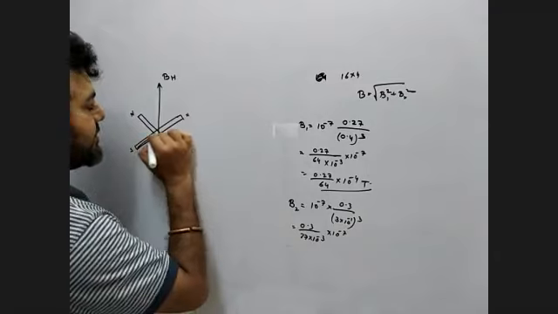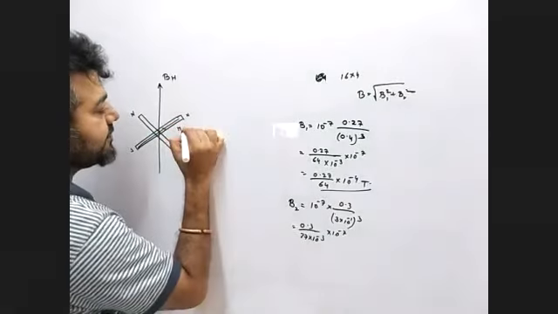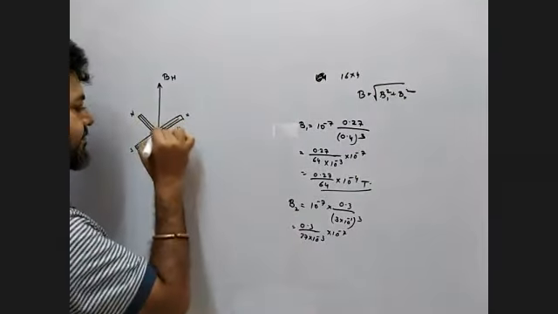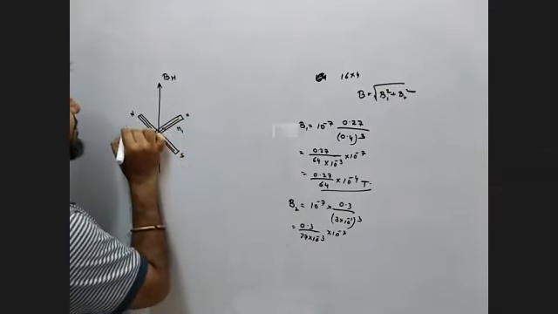Let the magnetic moment be M1 and let the other magnetic moment be M2.